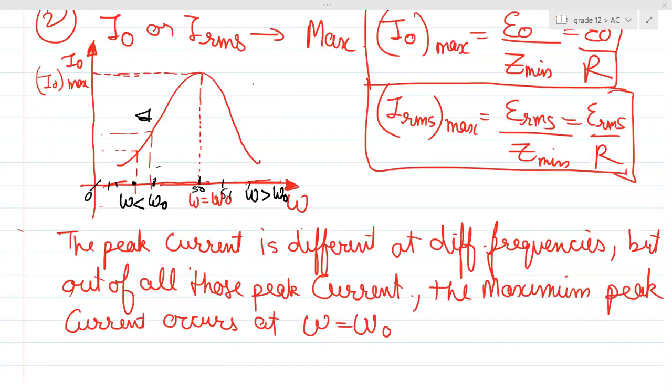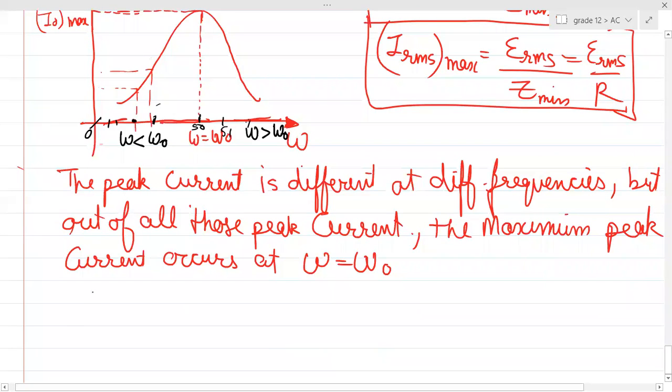So, anyways, this is the graph for current. We'll talk about the behavior for omega less than omega naught later.